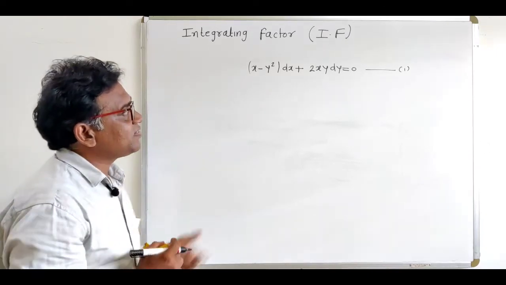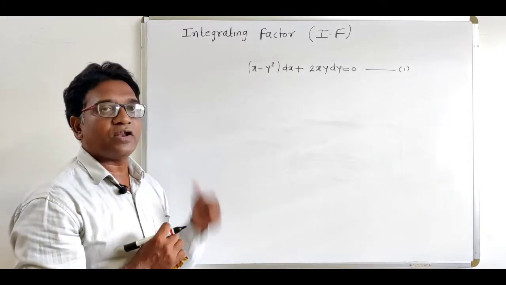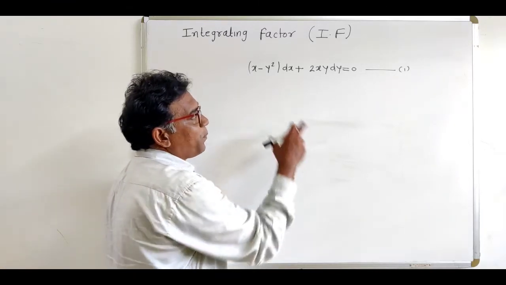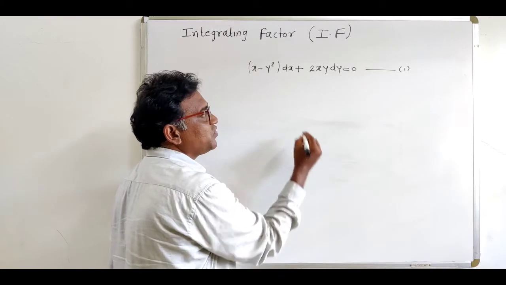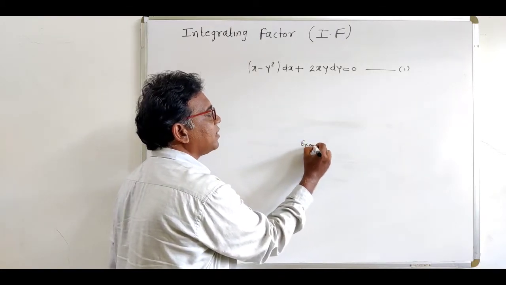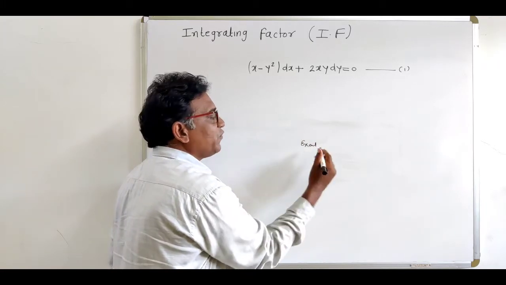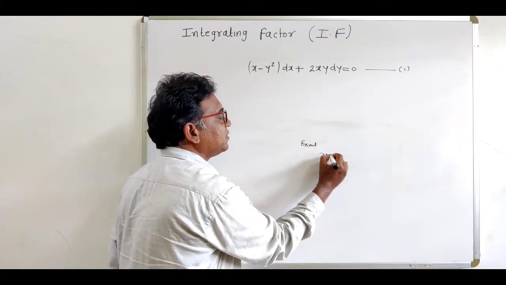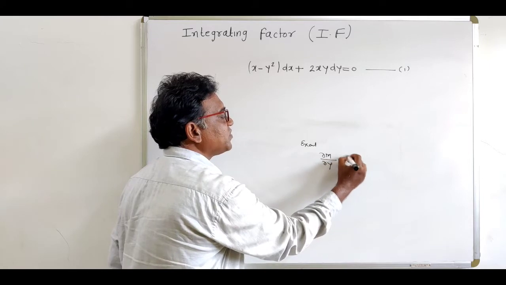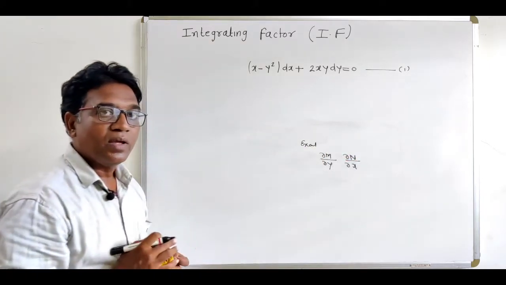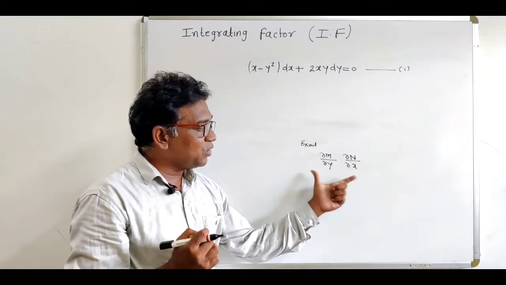Now see, we have seen this method of exact differential equation. So what was that method? First of all, we have to verify this differential equation for exactness. So for that, what is the method? We want to find the partial derivatives del N by del x and del M by del y, and observe those two values.